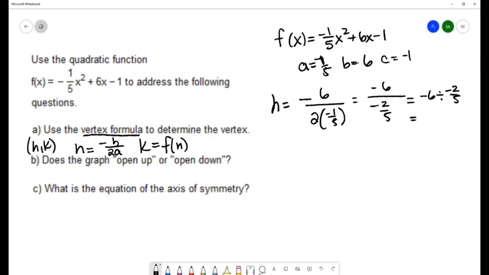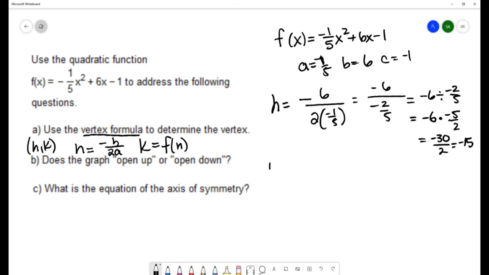We're going to multiply by the reciprocal, so that gives -6 times -5/2. So when we multiply, that's going to give -30/2, which simplifies to be -15. So we have -15 for our value of h, the x-coordinate of our vertex.